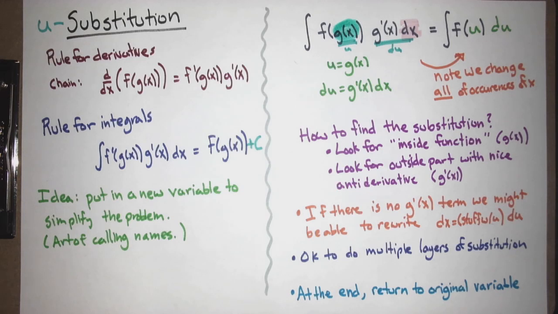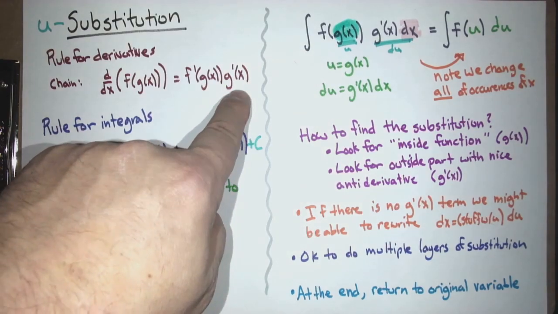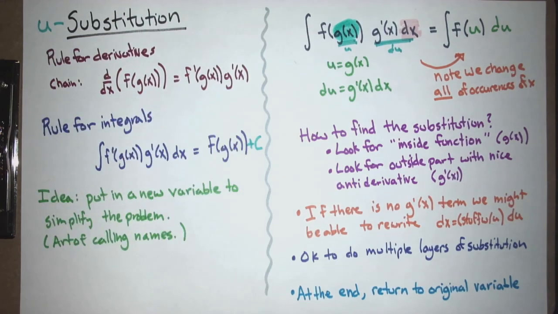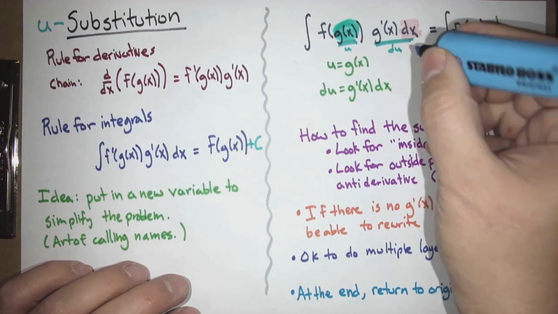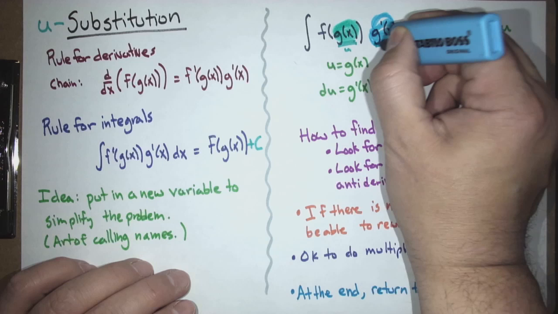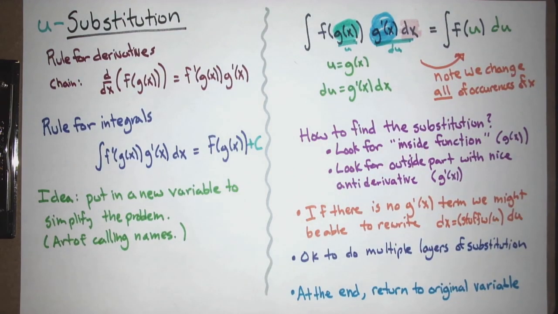Now, it's not the only place to look. There is a second place to look if it's not clear what's the function on the inside. The other place to look is saying, well, you have to have this g prime of x. So we can start saying, well, is there anything that's a good candidate for g prime of x? Because if we know g prime of x, we could find g of x.